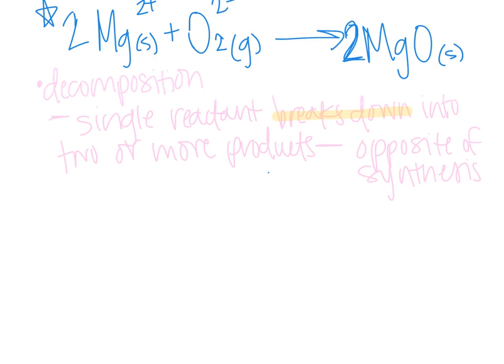So the general formula for this is a single reactant, AB, yields or breaks down into 2 or more products. So it starts off as AB and then it yields A plus B. So we started off as one thing right here and we get 1, 2.